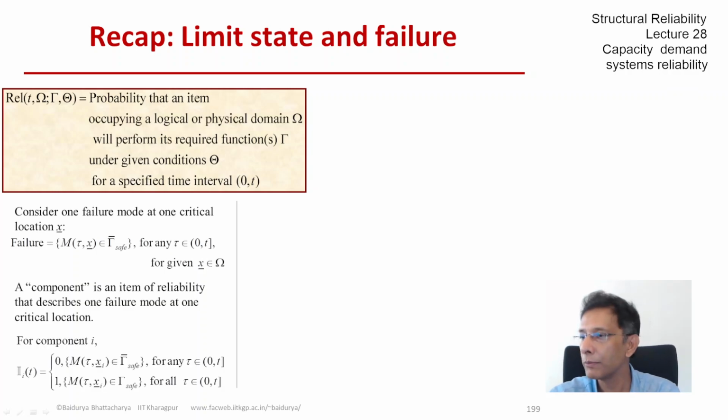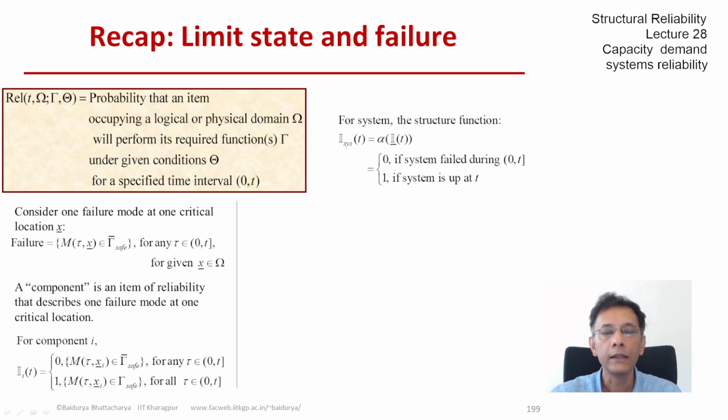For that component i, we have already defined the state random variable, the indicator function, the binary random variable: if the margin function has gone out of the safe set any time during 0 to t, it has failed and its value is 0; otherwise it's up and its value is 1.